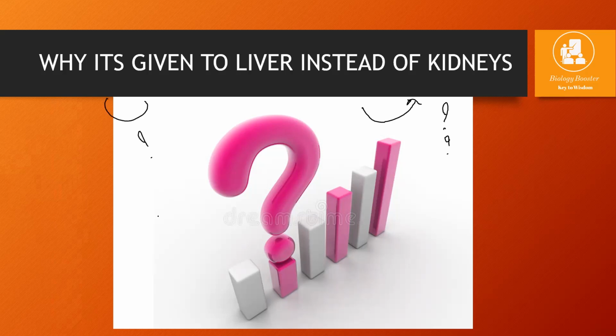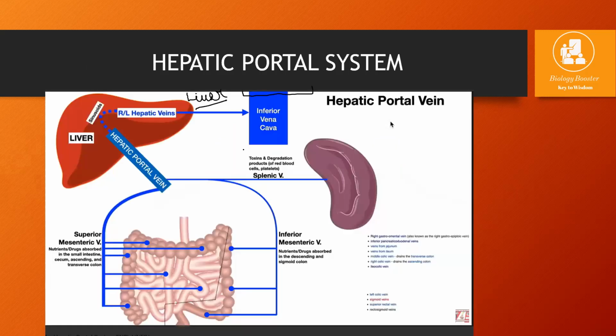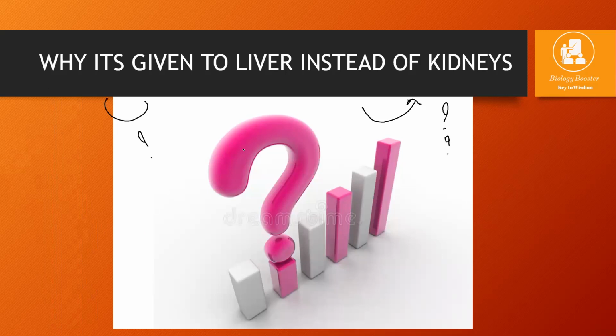This is the question. When you understand the question, we will discuss. We can, of course, acknowledge the hepatic portal system. So this we are going to discuss in the next lecture. And what you need to understand is why it is given to liver instead of kidneys. In the next lecture, we are going to discuss the same thing so that you can understand the hepatic portal system, and then we can proceed to kidneys and the excretory system as well.